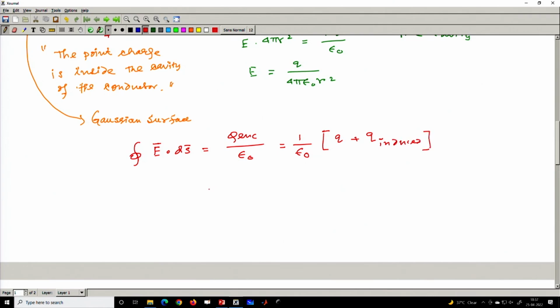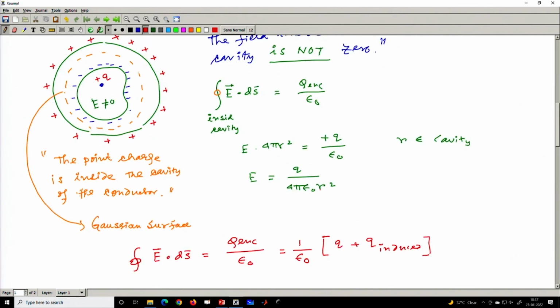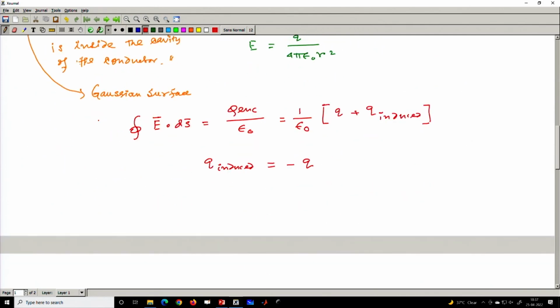Okay. And now, you can see that q induced is nothing but minus q, right, because whatever positive charge you place, the equal amount of negative charge should be over this surface. So, that makes this quantity 0.